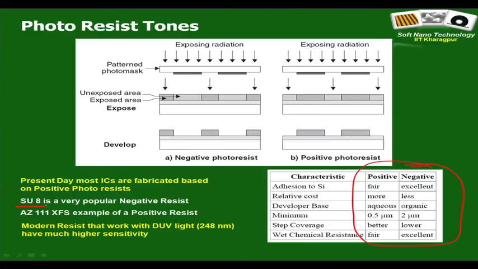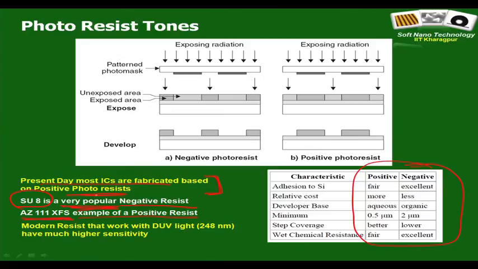SU8 is a very popular resist, which is very widely used, particularly in academia and research. It in fact is a negative resist. These are some examples of a specific number of a positive resist. Most of the ICs fabricated in the industry at present use a positive photoresist.